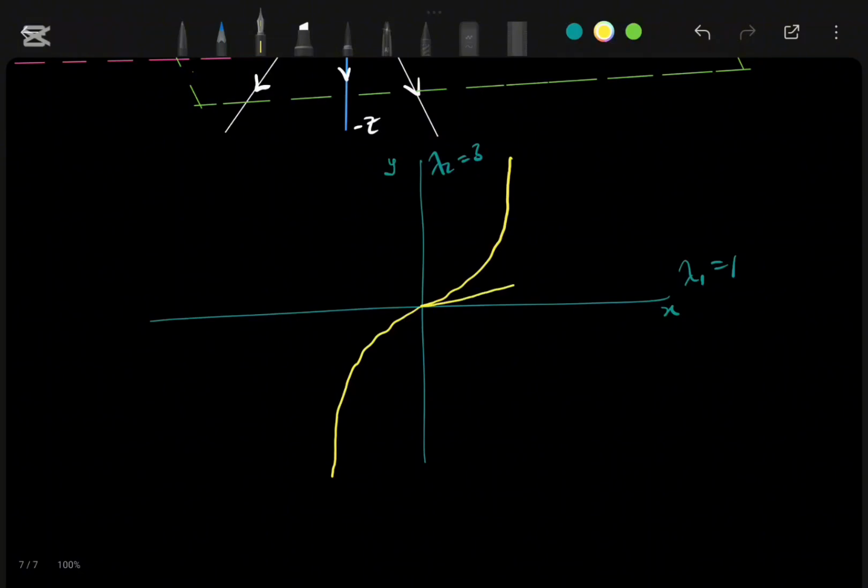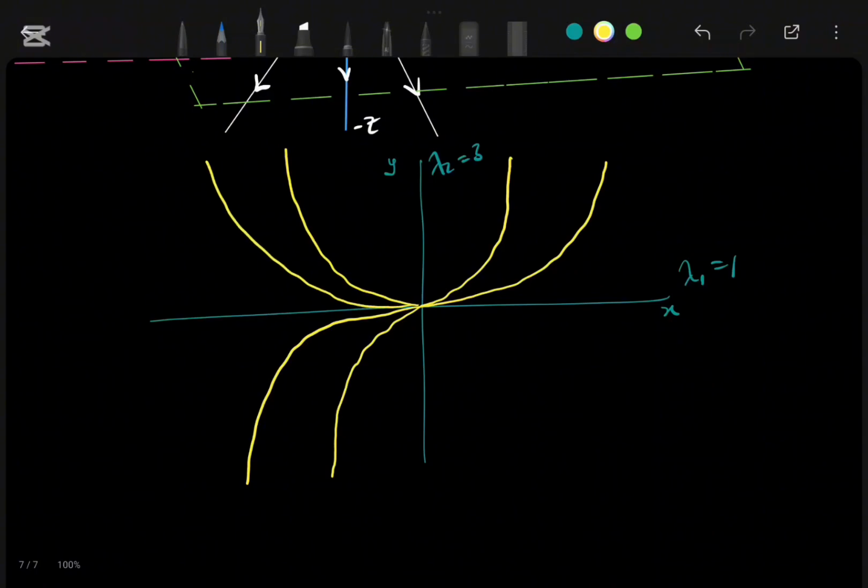So this is the form of our solution, and the other way around we have this. So moving from the origin away. This is what we are supposed to see for a 2 by 2 dimensional system.